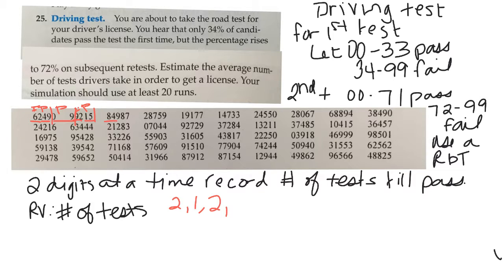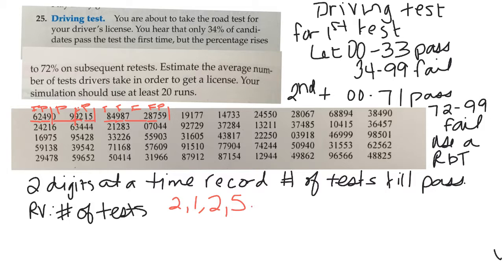So the next one is 84, which is a fail. 98, which is a fail. 72, we're in the second or more test, right? 87, right? At this point, your parents might just be like, maybe we should be using the bus. And 59 is a pass, so that took 5 attempts.